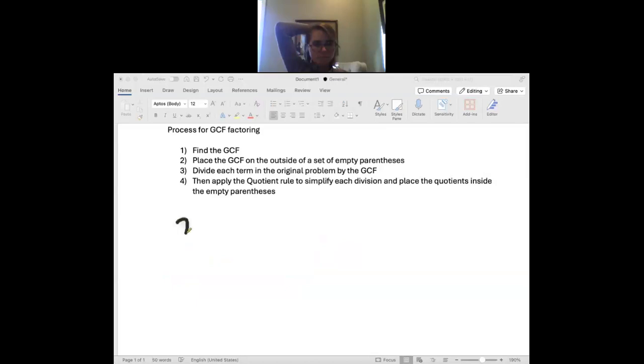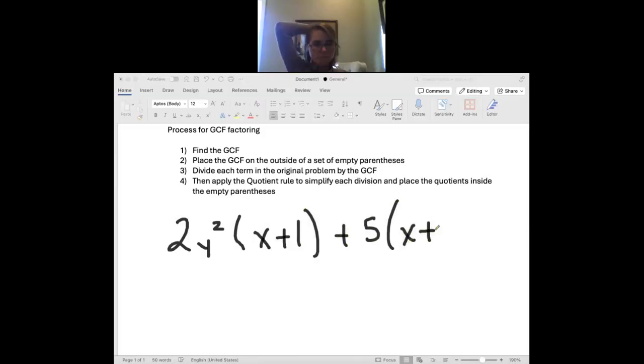So let me do something like this: 2y squared times (x plus 1) plus 5 times (x plus 1). And the directions here, by the way, will say factor. That's the giveaway, how you know what you're doing. It'll say factor the following, or factor, or whatever it says.